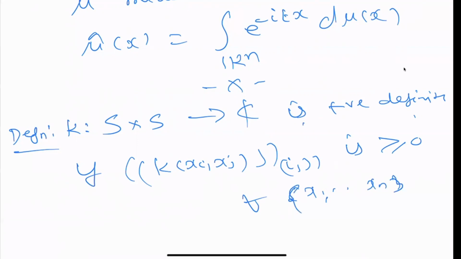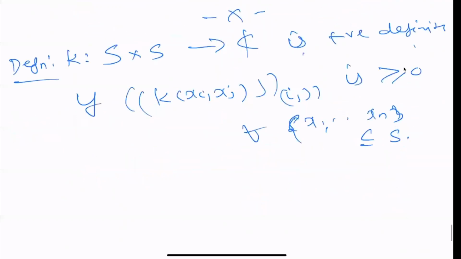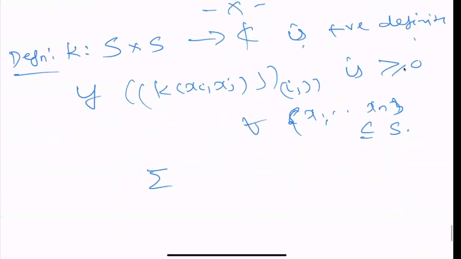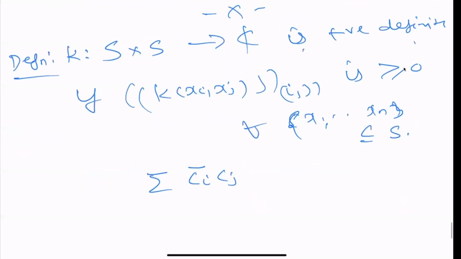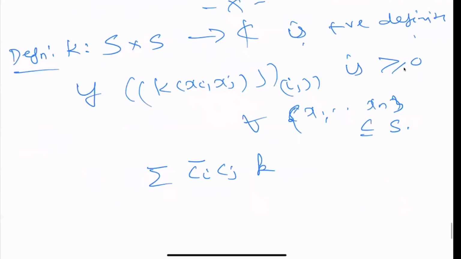The subset notation does not quite make sense then, but you can repeat x1 up to xn. So you take something in S, then this matrix is positive definite, or this is also equivalent to saying that the summation of Ci, Cj bar, k of xi, xj is positive.